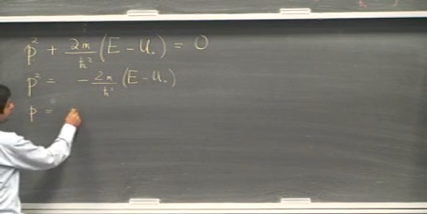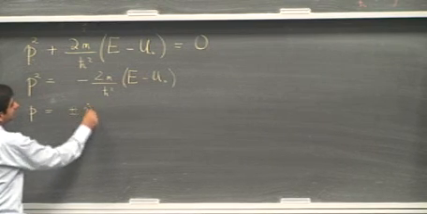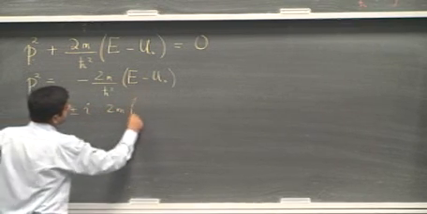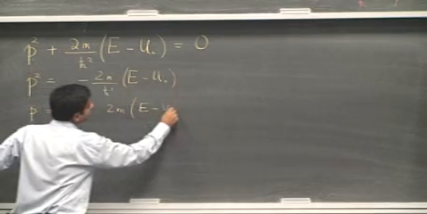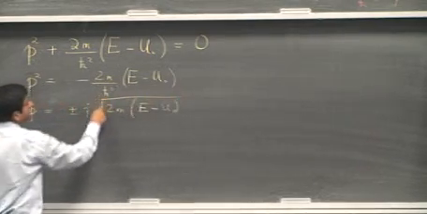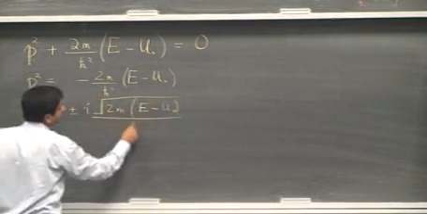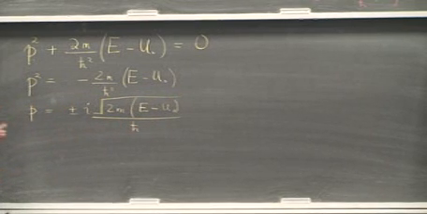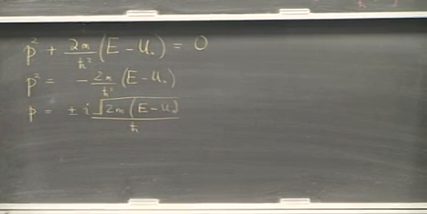So I get two roots, plus minus iota times the square root of 2m times E minus U naught, over h bar. These are my roots of the characteristic equation.